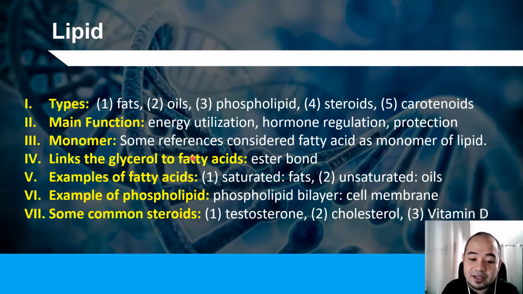Okay, links the glycerol to the fatty acid, we call it ester bond. And examples of fatty acids are saturated, and then the unsaturated, we have the oils. Examples of phospholipids, we have the phospholipid bilayer and then the cell membrane. Some common steroids, we have the testosterone, cholesterol, and then vitamin D.